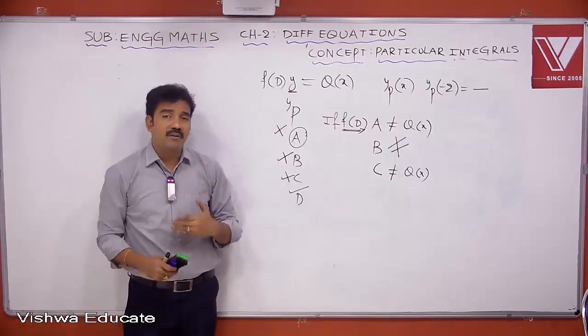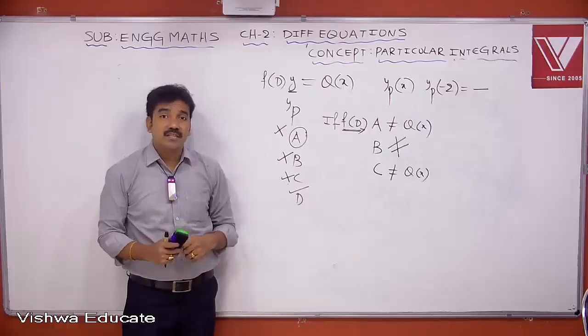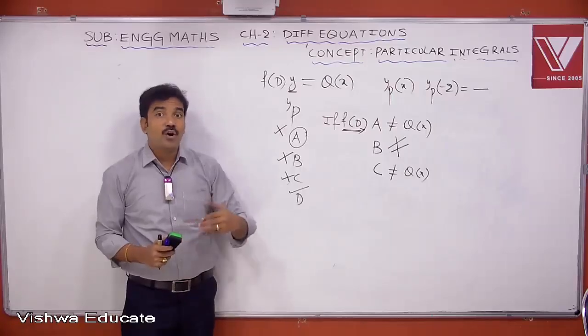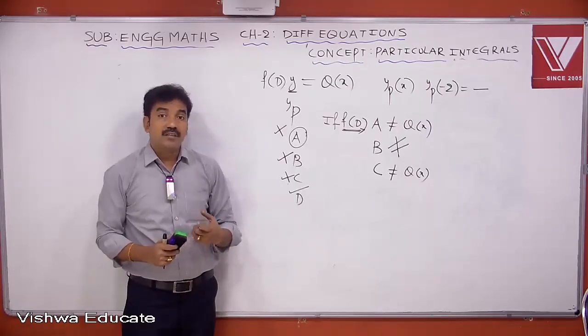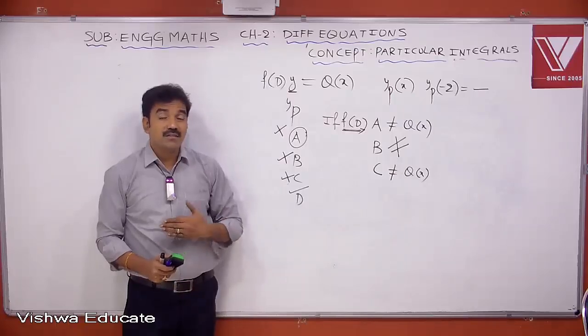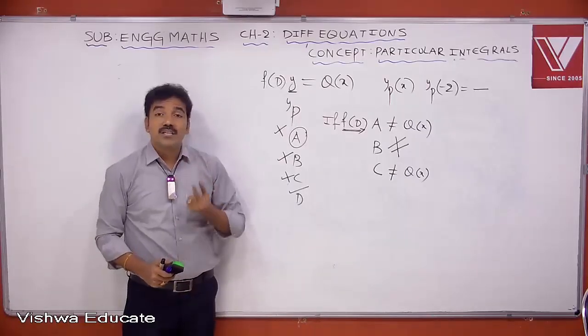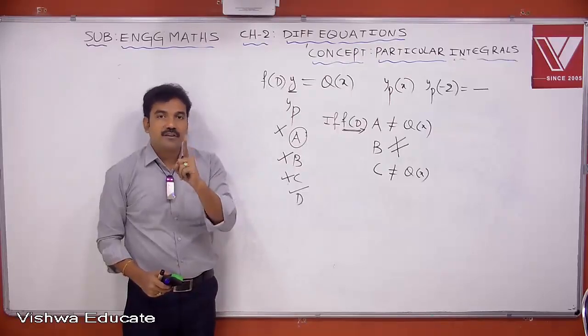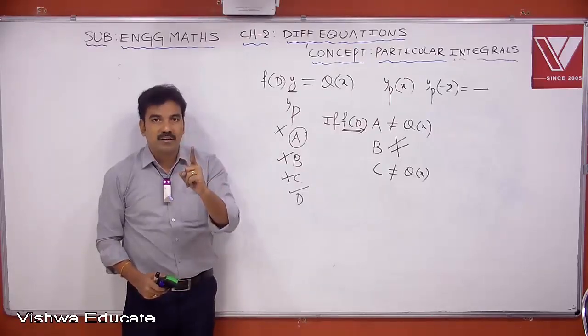When we handle linear equations with constant coefficients and they ask for general solutions, we verify options, but if an option satisfies boundary conditions it may or may not be the right answer, because multiple curves may pass through a particular point. But in this case every differential equation will have exactly one particular integral.